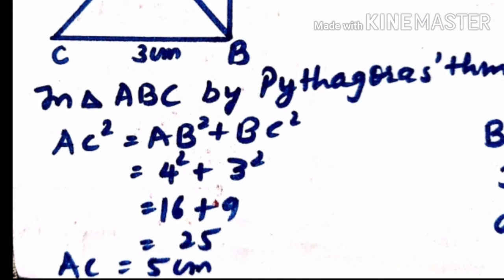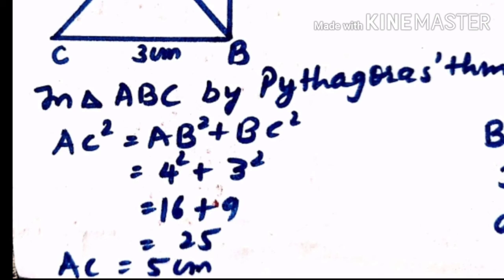Now we place the values: AB square, 4 square, plus BC square, 3 square. 4 square is 16 plus 3 square is 9. By adding 16 and 9, we get 25. Taking square root on both sides, we get AC is equal to 5 centimeters.